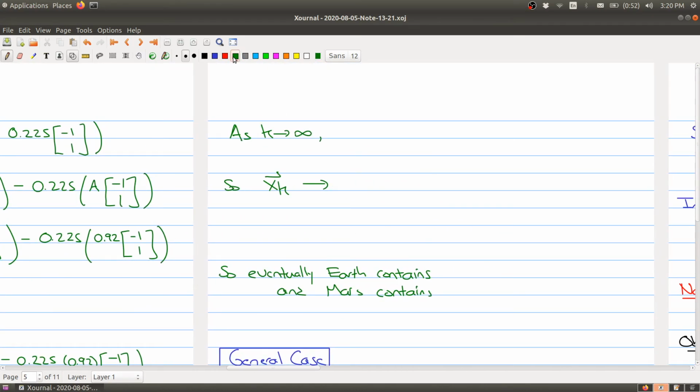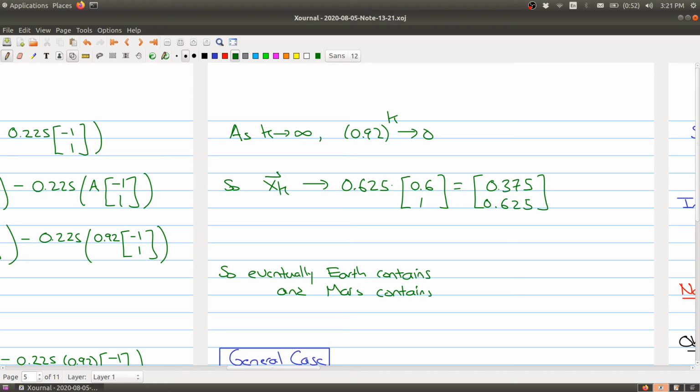As k goes to infinity, 0.92 to the k approaches 0, so x to the k will approach 0.625 times (0.6, 1). When we compute this out, we get 0.375 in the first spot, and 0.625 in the second spot.